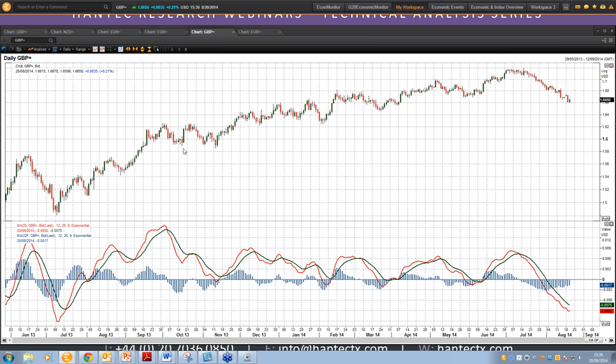Sterling was a very strong trend here throughout from June 2013 all the way pretty much for a year. Sterling rallied all the way, and hence you get a series of signals, pretty much everything coming above the neutral line, the crossover line with the MACD in positive territory once again, because you're in a trending market.